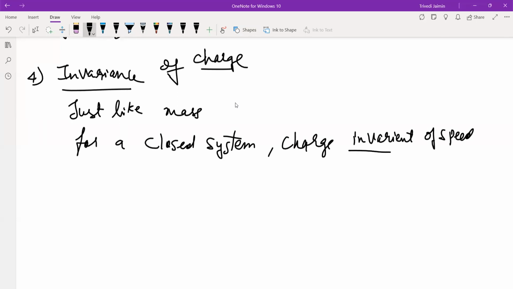Okay, do you know the meaning of invariant? It's not E, it's A, spelling wrong. Invariant. What do you mean by invariant?